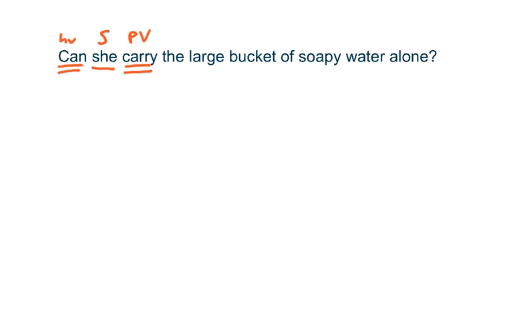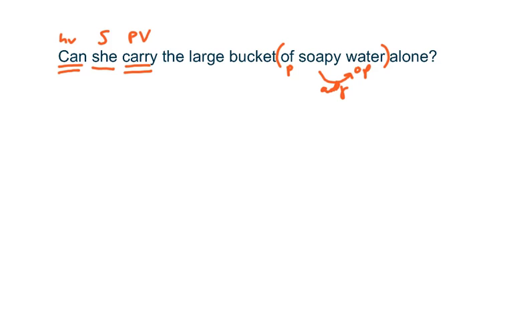Okay, do we have any prepositions? We do. Of soapy water. Preposition. Object of the preposition. Adjective. That was a really sloppy adjective. What can she carry? Let's see. She can carry what? It tells us what she can carry.